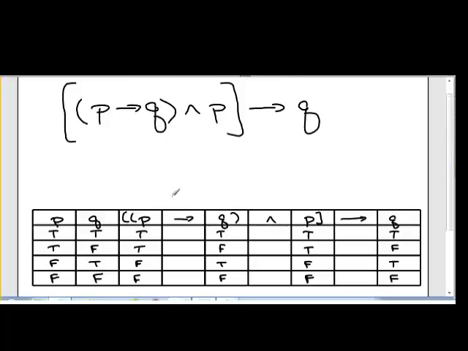Then we start at the innermost part of the expression, which is this parentheses. So we use the conditional truth table. The conditional truth table says that the only time the conditional is false is if the first one is true and the second one is false. So that's my only false result. All the other ones are true, according to the rules.